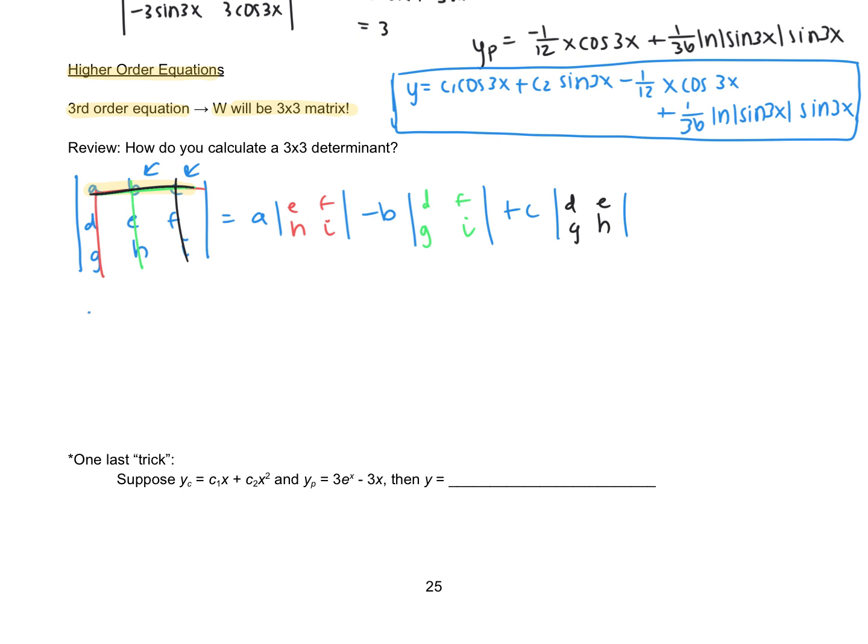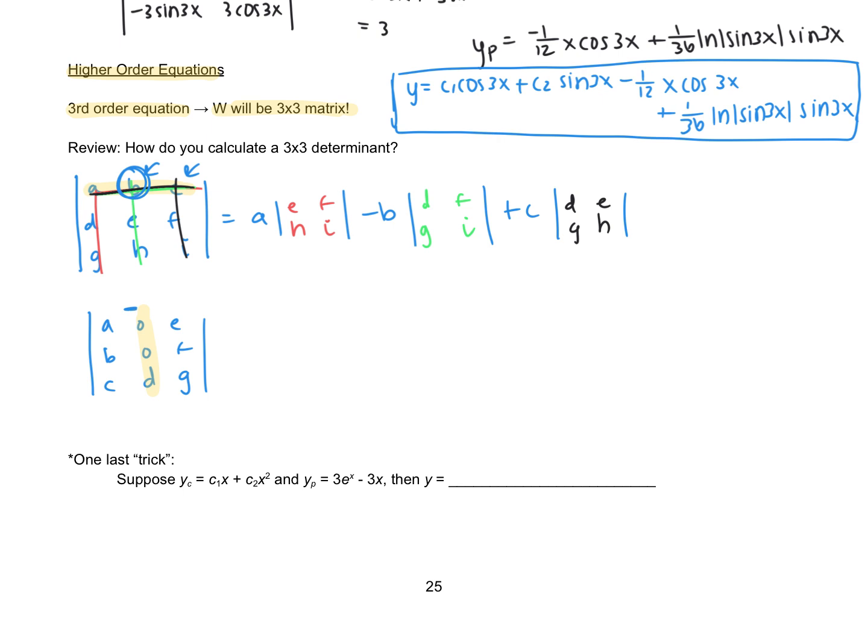Now, what happens if instead we're looking at a matrix like A, 0, E, B, 0, F, and C, D, G? Okay, so we can choose any row or any column that we want. On the first example, I chose the first row. Well, in this case, let's choose this column because I'm going to have 2 zeros. So here's what I need to know then. If I choose this column, if we remember, when we got to this B, we had to switch the sign.